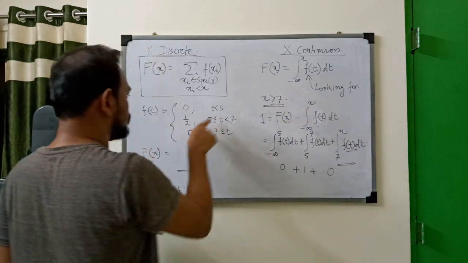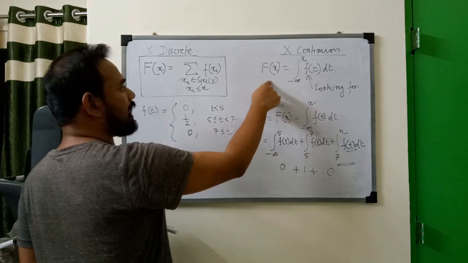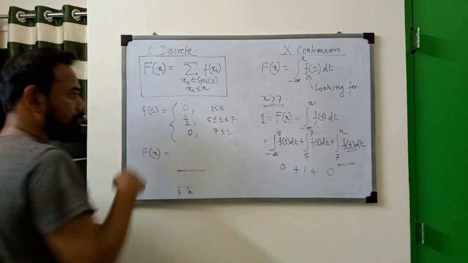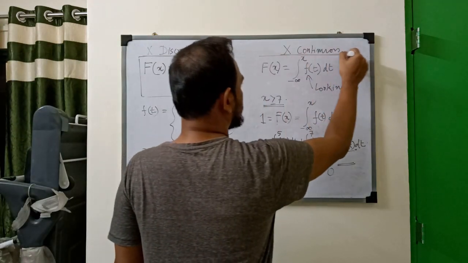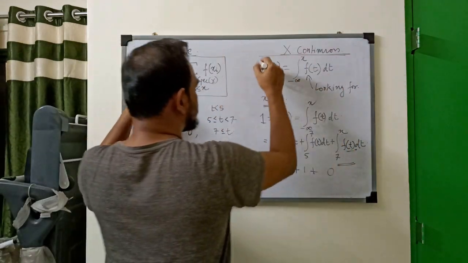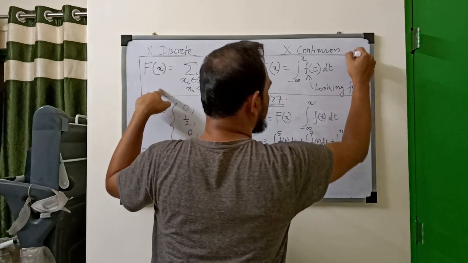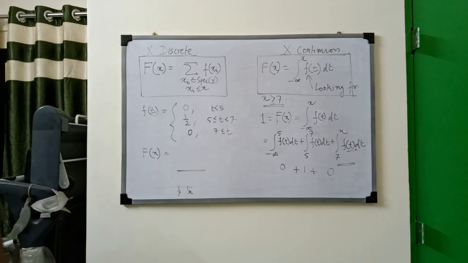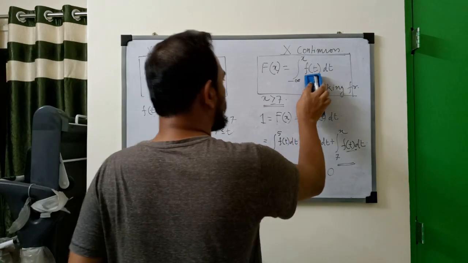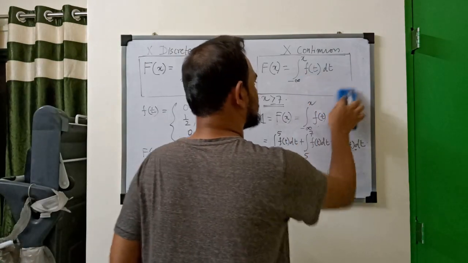If you integrate this function now, you will get F of x, because that's how we found it. So in other words, we have found the analogous function f in the case when x is continuous. We're not looking for it anymore, we just have it.